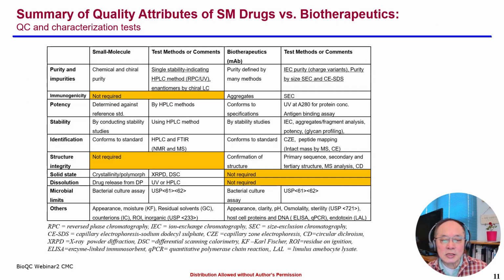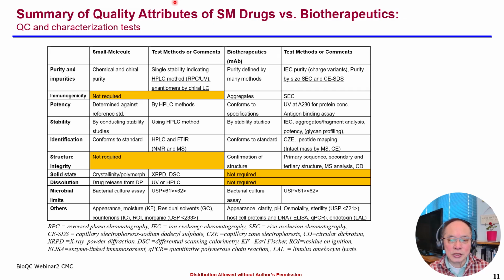This slide summarizes the quality attributes of small molecule drugs versus biotherapeutics and the QC and characterization tests being used. Note that there are many similarities, though more complex biologics tend to use multiple techniques and additional characterization testing. There are also substantial differences between these attributes and tests.